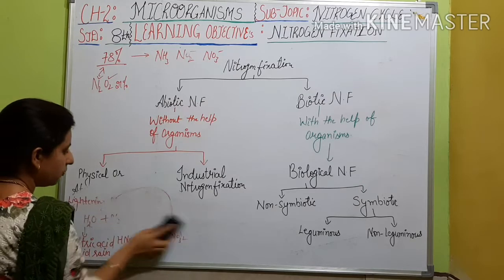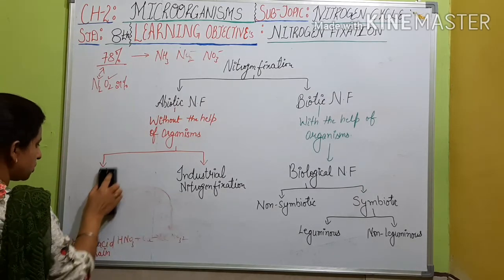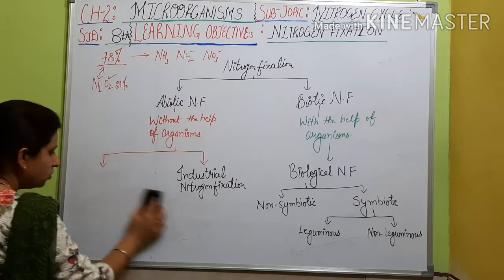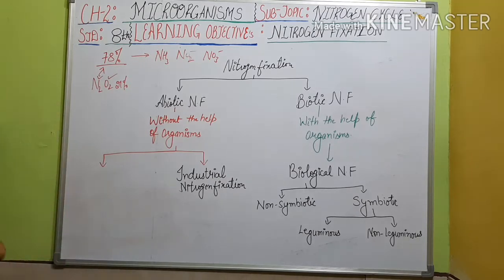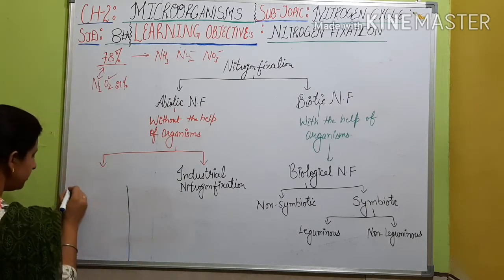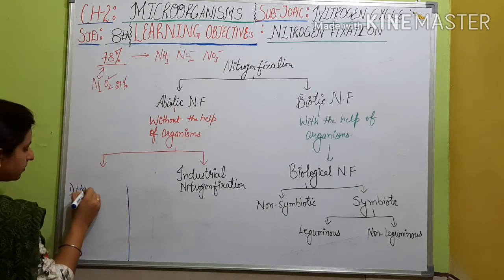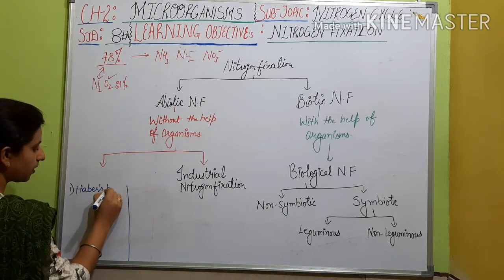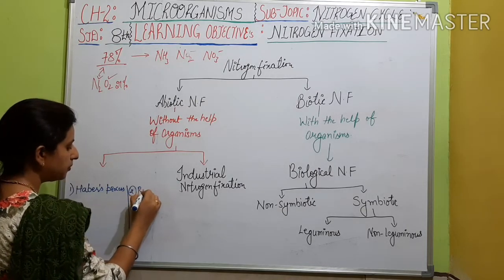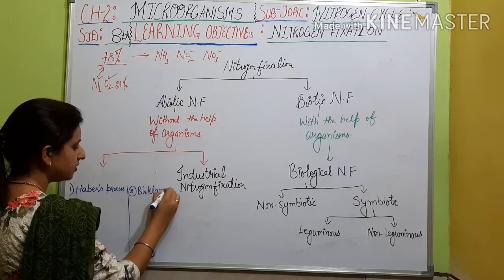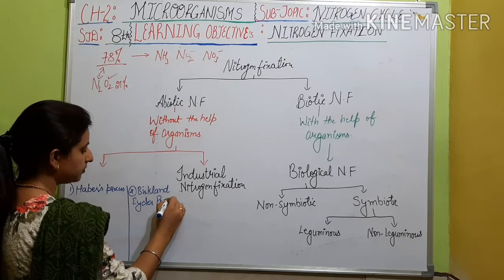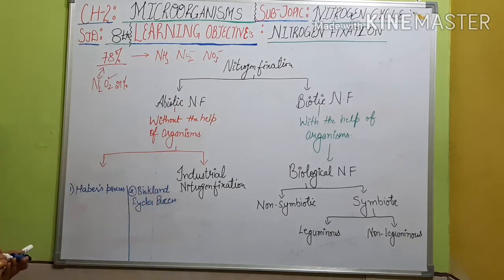For the industrial nitrogen fixation, we will learn it with the help of two processes. First is Haber's process, and second one is the Birkeland-Eyde process. Now what is there in Haber's process?